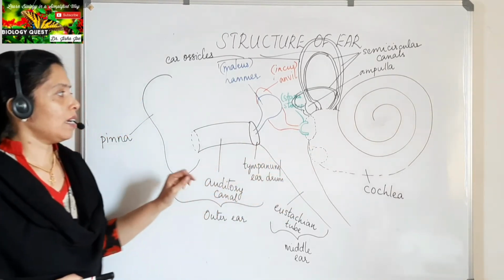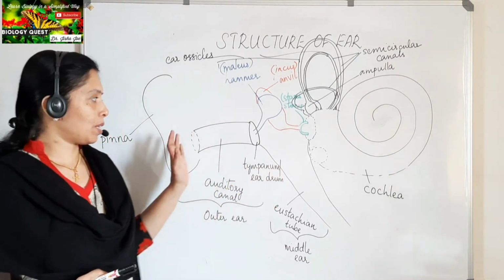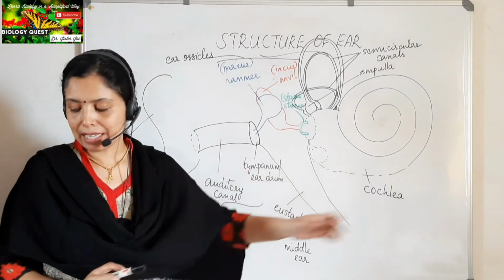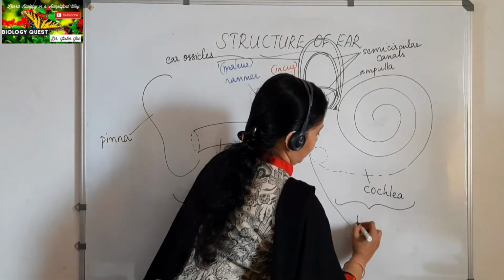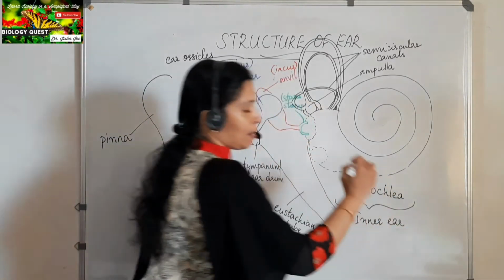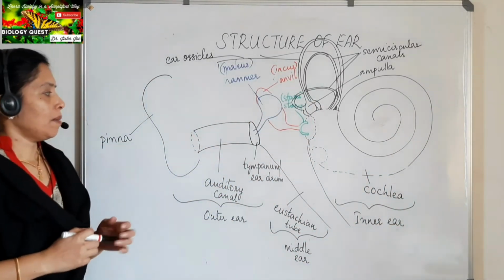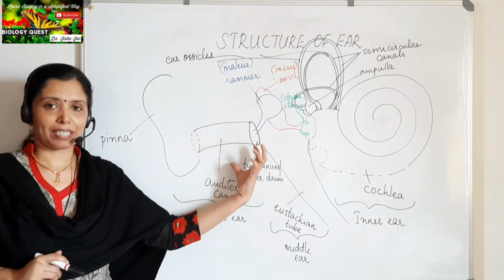Once again, the human ear comprises 3 parts: the outer ear, middle ear, and the inner ear. The outer ear comprises the pinna. The pinna has an opening which leads into a canal called the auditory canal.